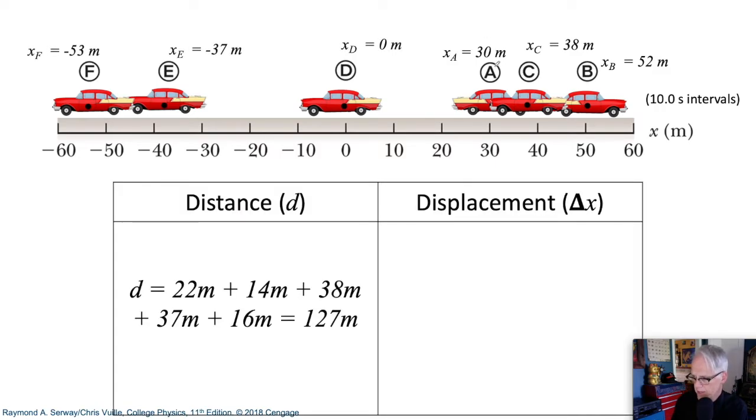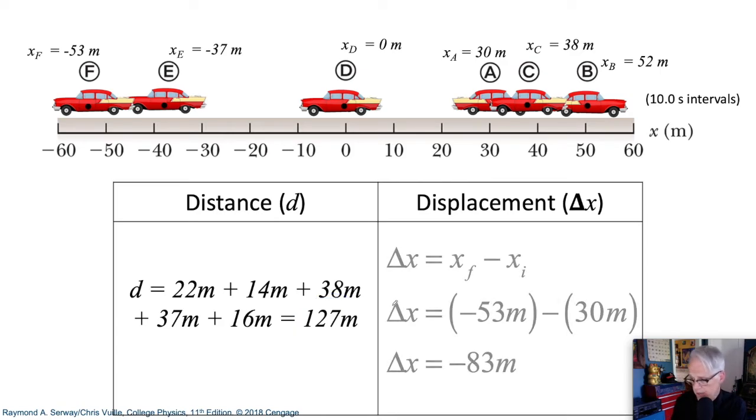So we calculated our distance from A to B as 22, B to C as 14 meters, C to D as 38 meters, D to E as 37, and E to F as 16. We added all those up and we got 127 meters.